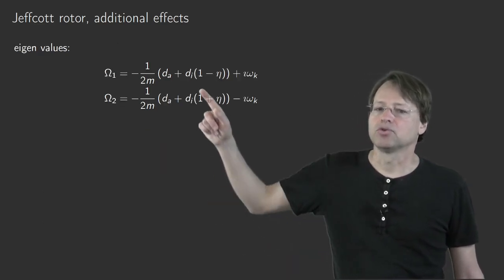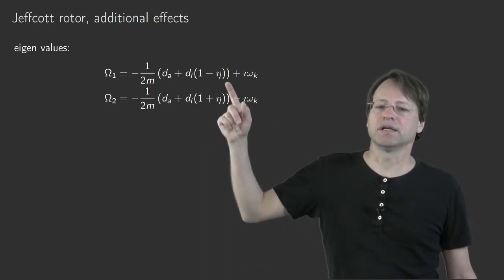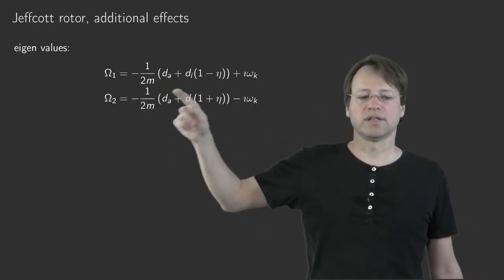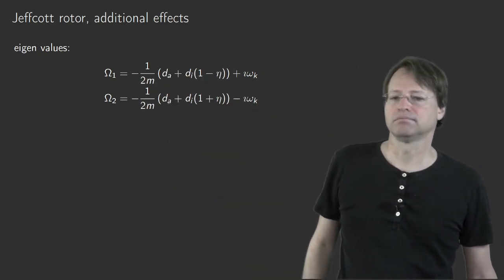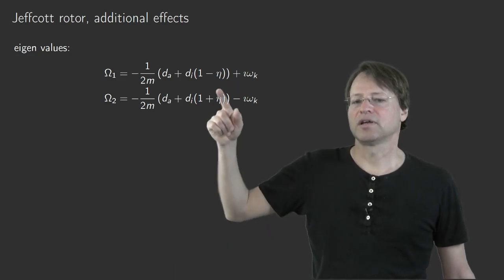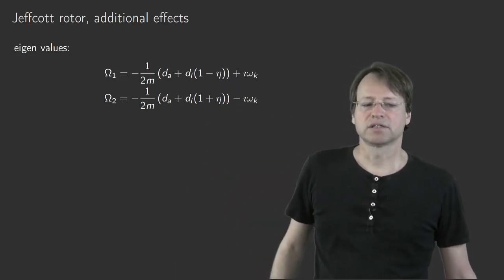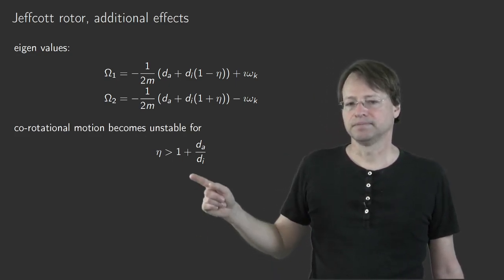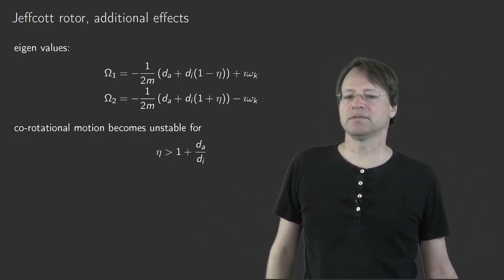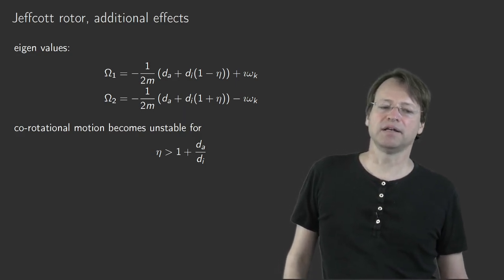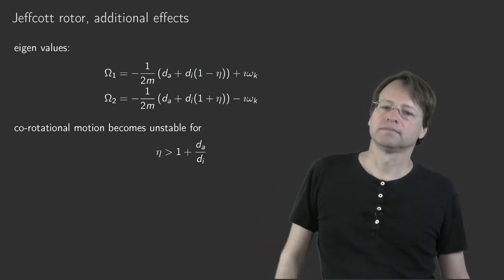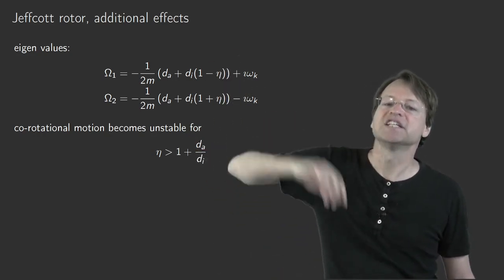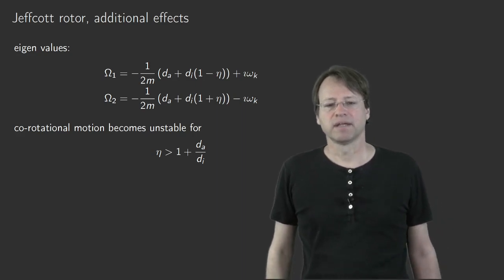Here you can see again our two eigenvalues. We will focus on the first one. We saw that real part, or we determined the values where that real part becomes positive. So it's exactly the case where eta is larger than 1 plus dA by dI. So if eta becomes larger than 1 plus dA by dI, then the co-rotational motion becomes unstable in the sense it becomes exponentially increasing.